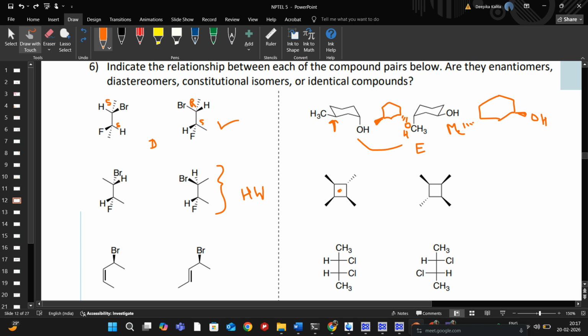You can imagine the axis of symmetry passing through the midpoint, okay? And if you rotate it by 180 degrees, you will get exactly this particular structure of the molecule. Hence, a simple rotation about an axis of symmetry gives us the second molecule of the pair. That makes these two molecules identical.